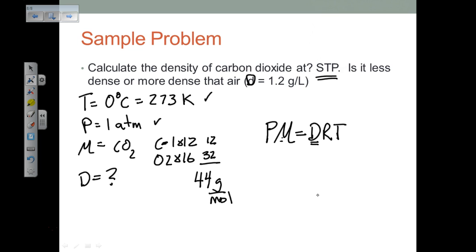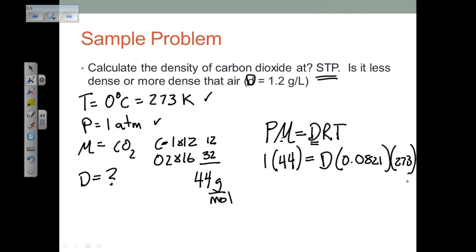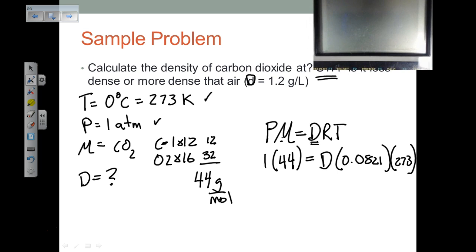Let's go ahead. Now we plug it in and chug along. So 1 times 44 equals D, we don't know that one, R, still the same R, 0.0821 times T, temperature, is 273. So 1 times 44 is 44. And then we're going to take that 44 and divide by both things.